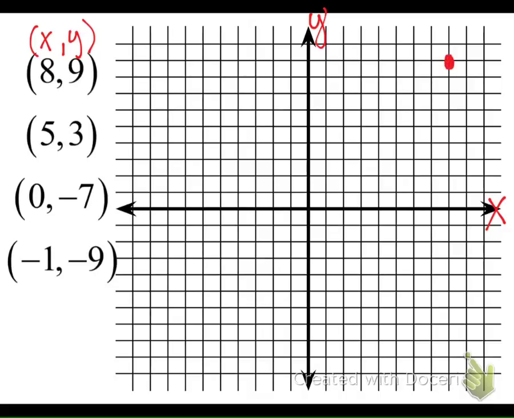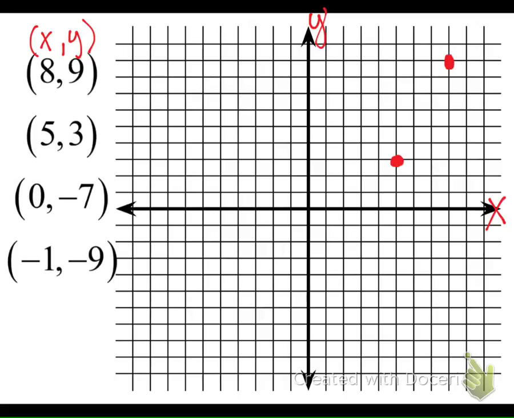All right, the next ordered pair. Go right 5, 4, start at the origin. I'm going to go right 5, then what? Go up. Okay. Next one. Hold on. 8.